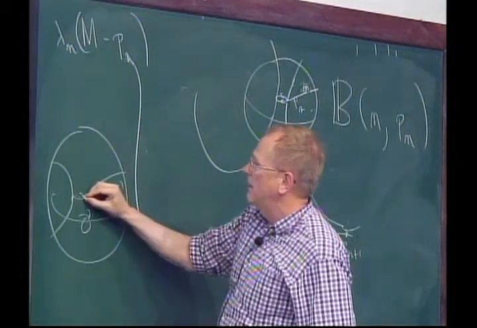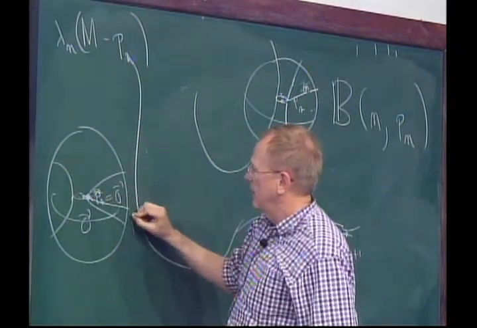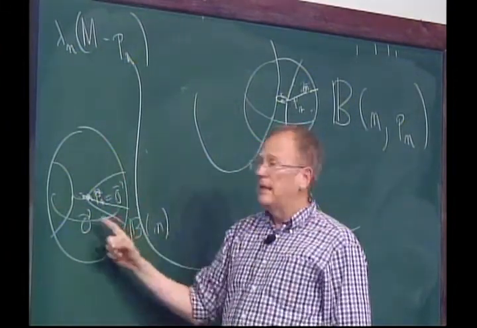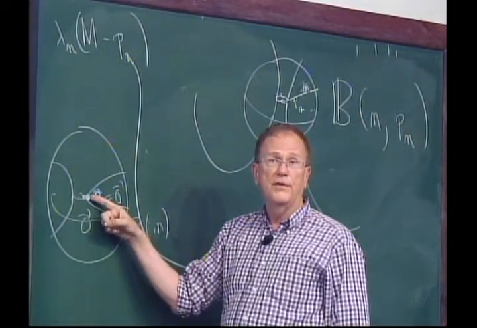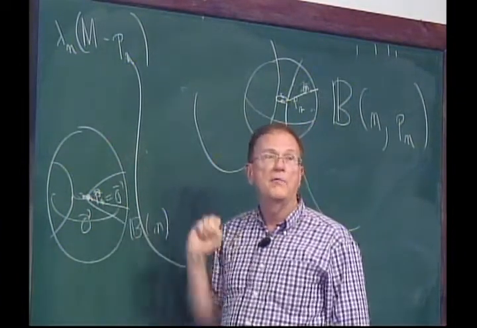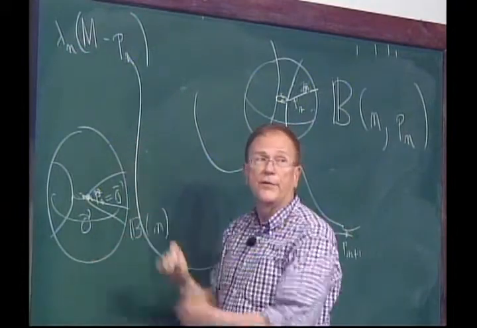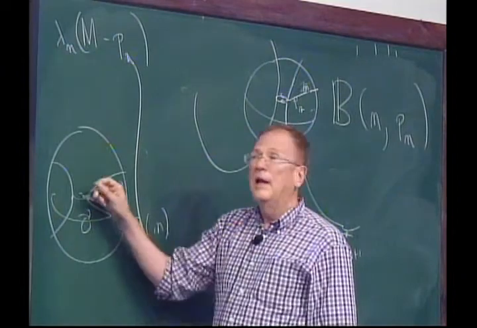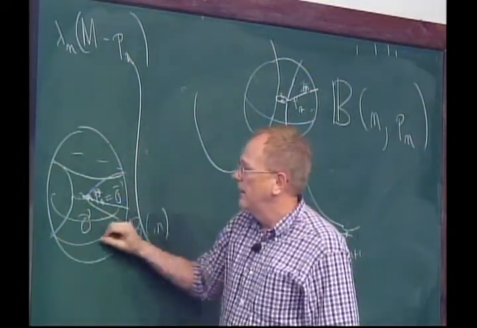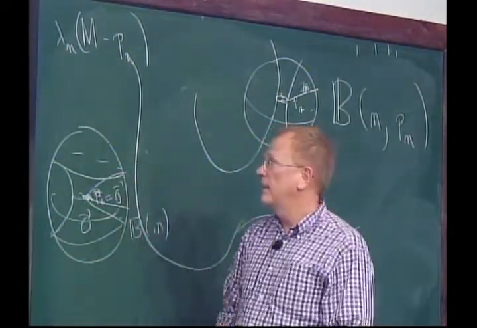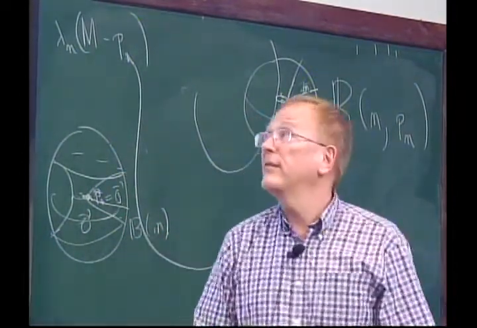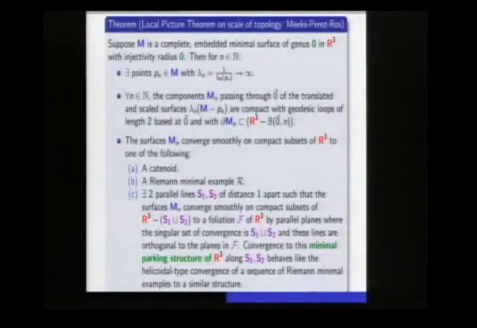Then the claim is in the ball of radius n at the origin, what I see is a surface that passes through the origin, and it's compact with boundary in the ball. There's a component of the surface in the ball of radius n going through the origin, and its boundary lies in the boundary of this ball. Okay? So after rescaling, what does this rescaling do? It's rescaling the new injectivity radius function.